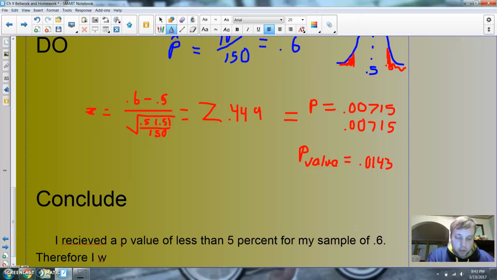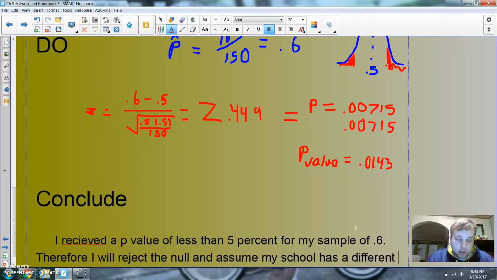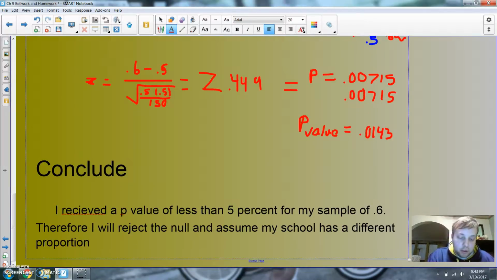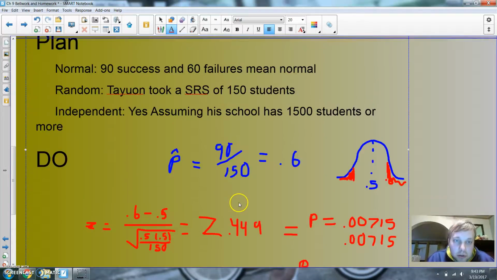Therefore, I will reject the null and assume my school has a different proportion of students who never smoked.